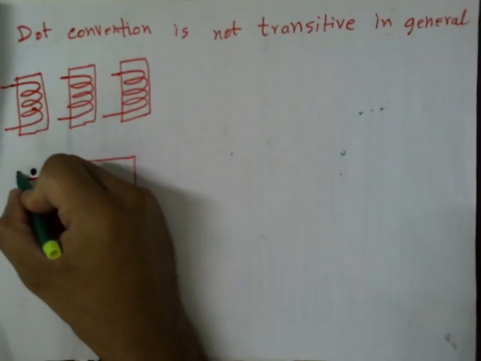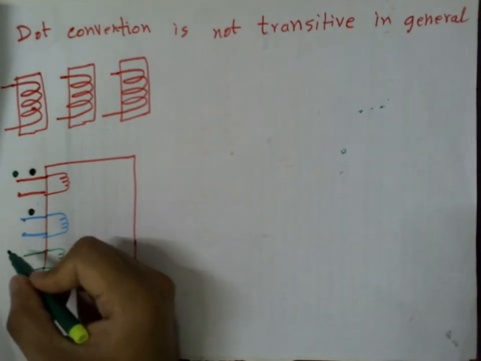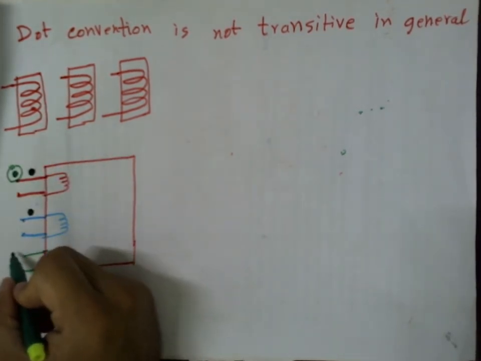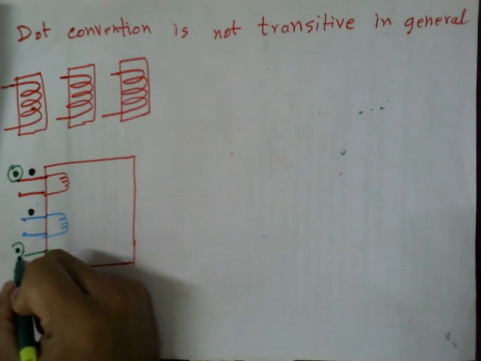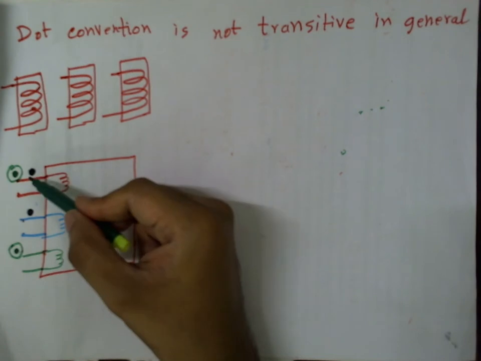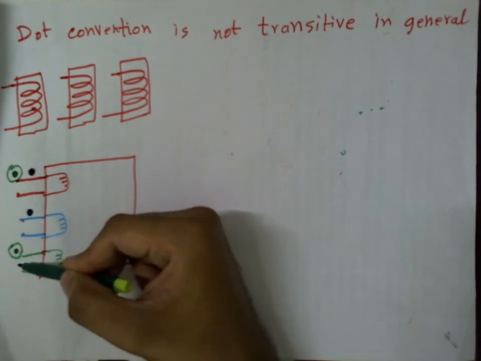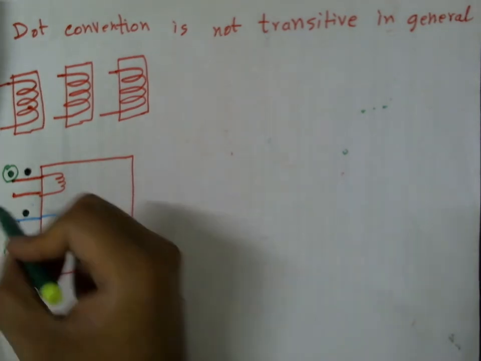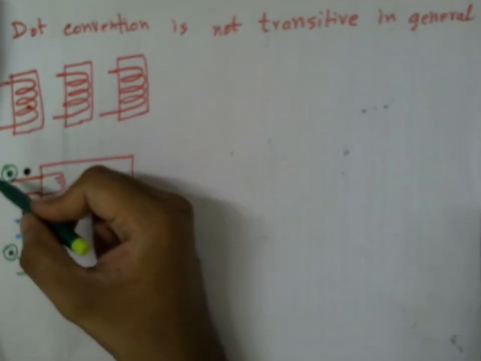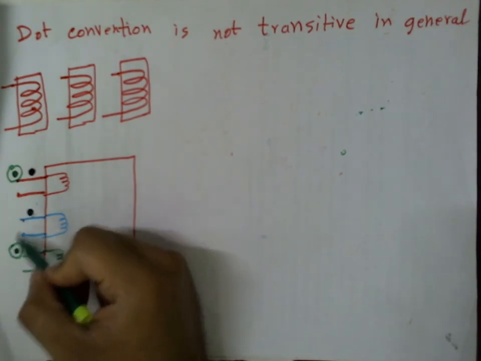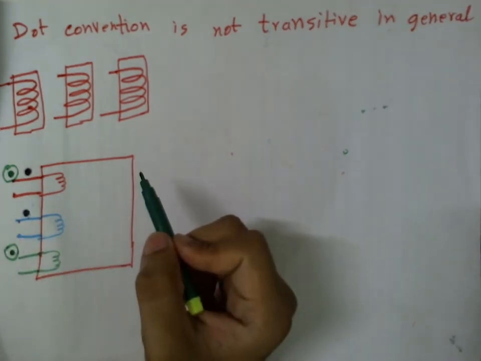If I put 2 green dots, or okay, let me use a slightly different symbol like this. So these 2 green dots indicate that these 2 terminals share similar polarity.